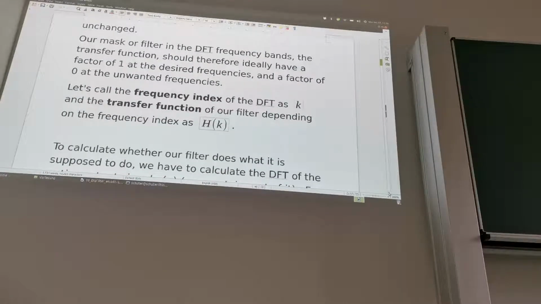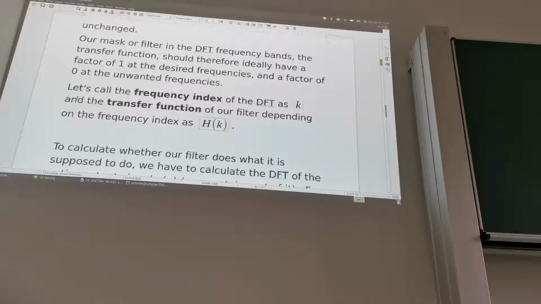Our mask or filter in the DFT frequency bands, or the desired transfer function, should therefore ideally have a factor of 1 at the desired frequencies that we want to keep, and a factor of 0 at the unwanted frequencies that we want to get rid of.